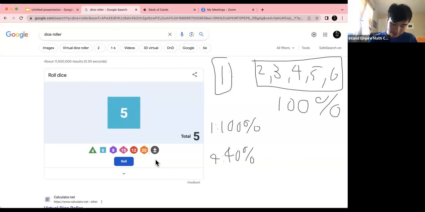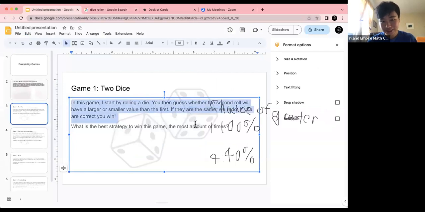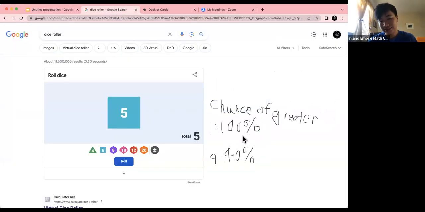So remember, this is the chance of a greater second roll. There's a 100% chance of it being greater if it's 1. Then, of course, you should guess that the second roll is going to be greater, and if you guess what's likely to be true, then you win. So if it's 1, then it's a 100% chance.